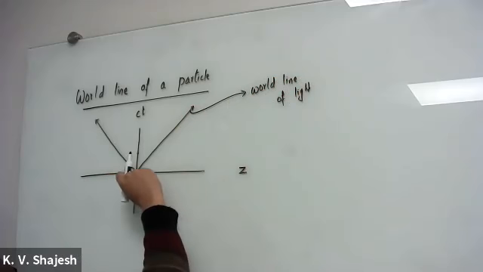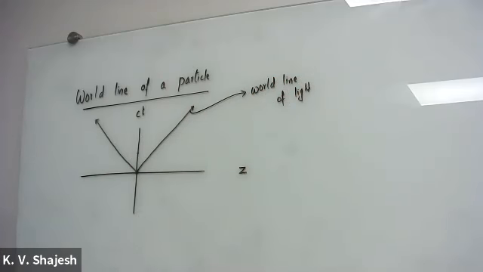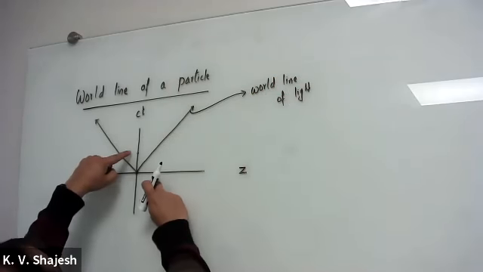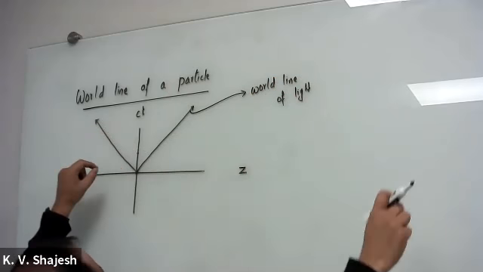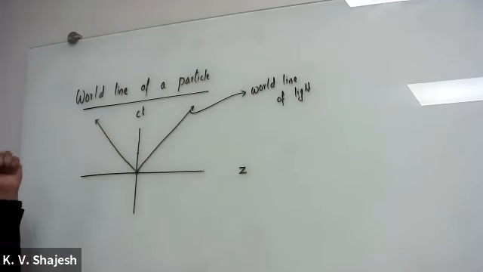If that particle was going, it will move away from the origin and move out, right? At t equal to 1, it is somewhere here. t equal to 2, it is somewhere here, and so on. So it's actually moving out. If it decided to go to the left, it is on the z-axis.